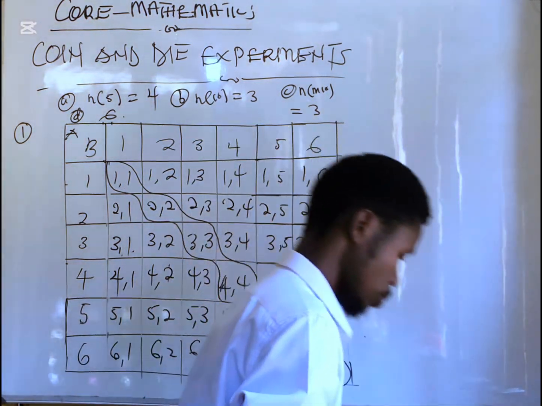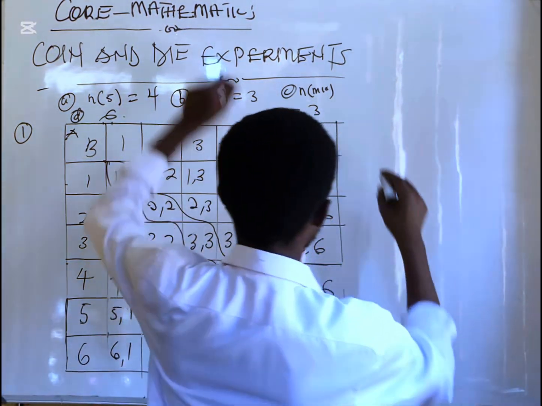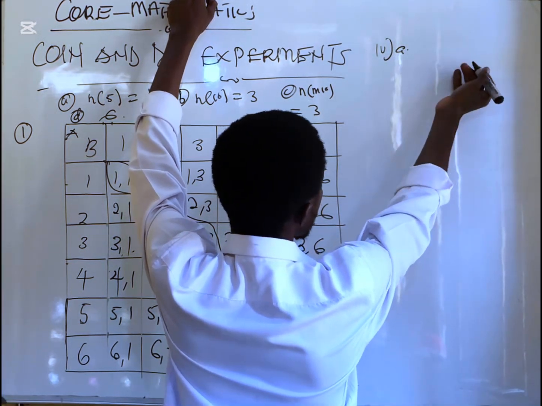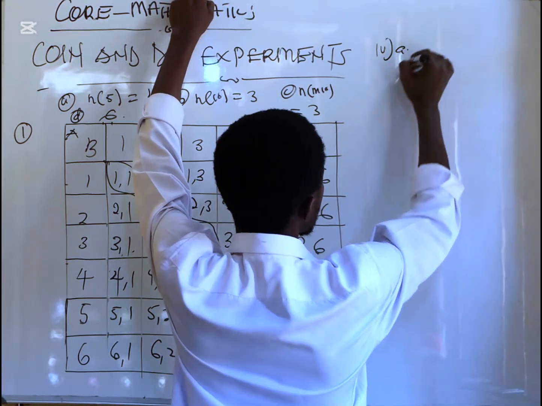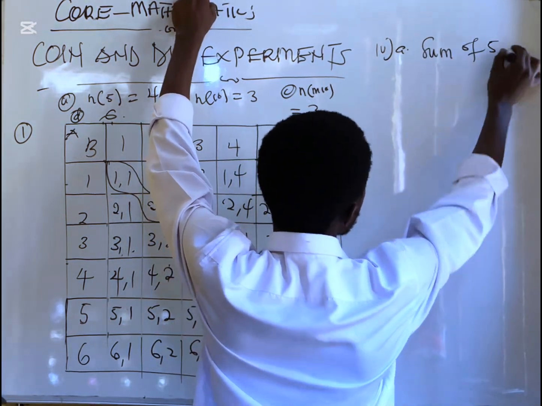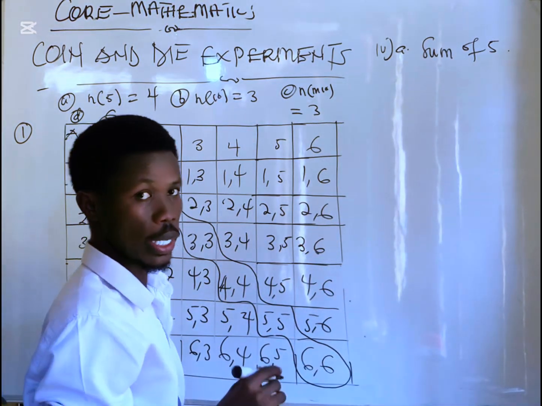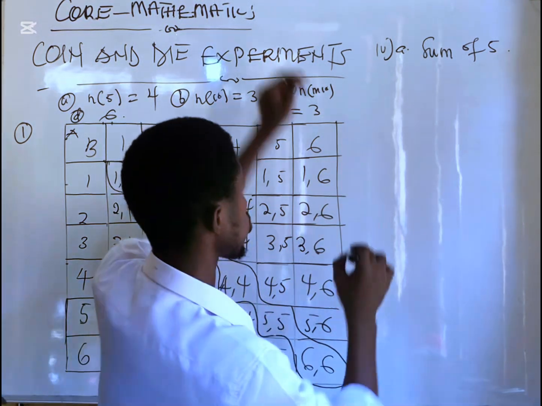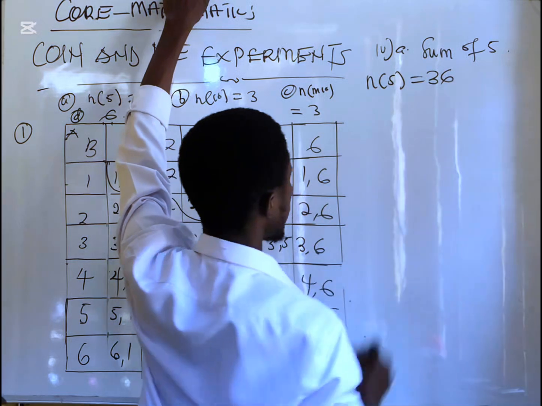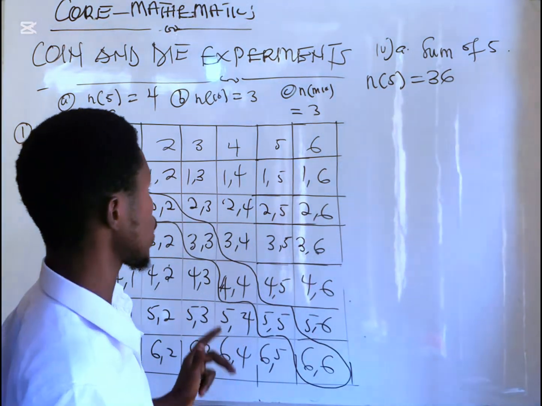So the first one, the IVA, said the sum of 5, the probability of getting that. This time around, you are not listing it, you want the probability. So we need to know our sample space. Still 36, okay? Nothing changes, still 36, intact.